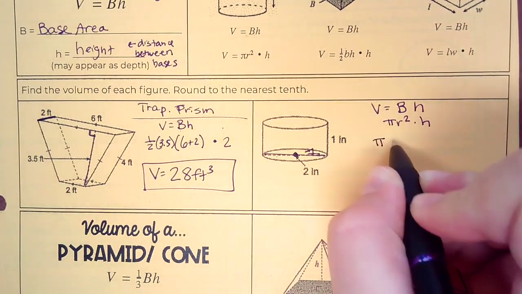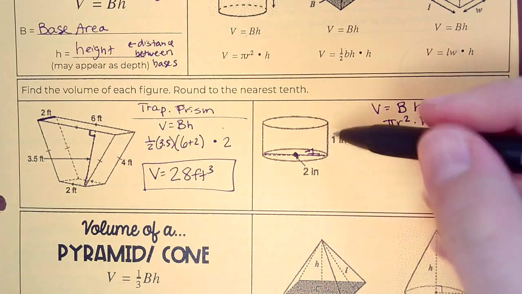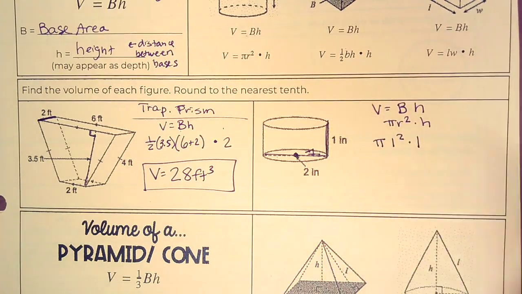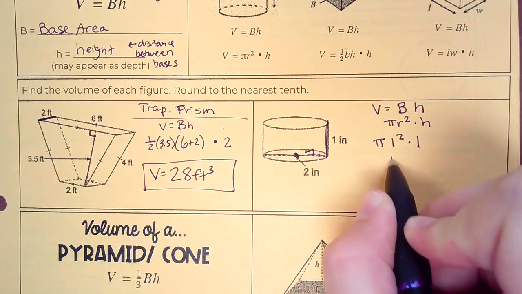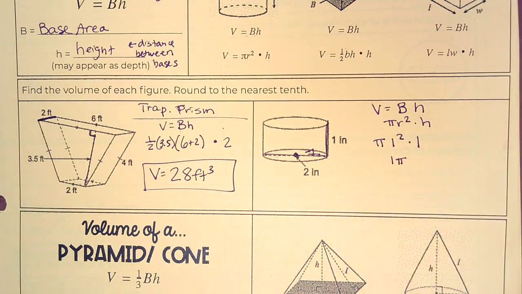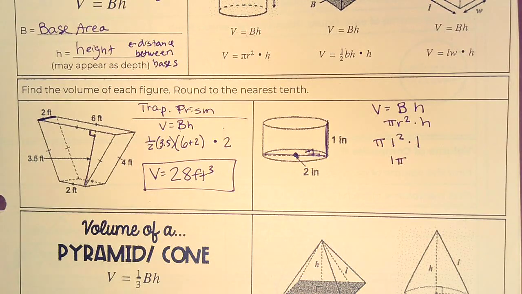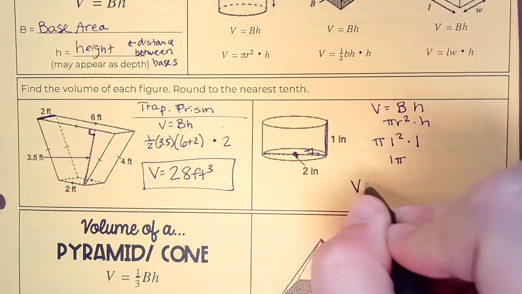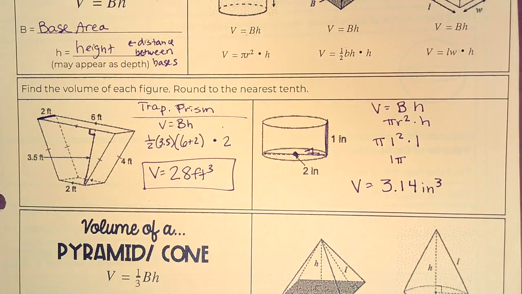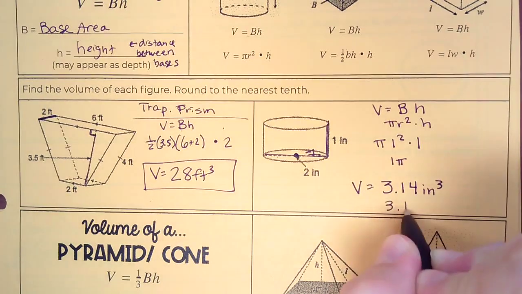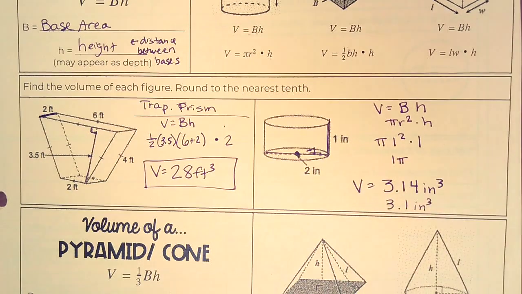So pi times 1 squared times the height, distance between the two circles, which is 1. 1 squared is 1, times 1 is 1, so we have 1 pi, which is 3.14, and it keeps going on. So volume equals 3.14 inches cubed. If I round to the nearest tenth, it'd be 3.1 inches cubed.